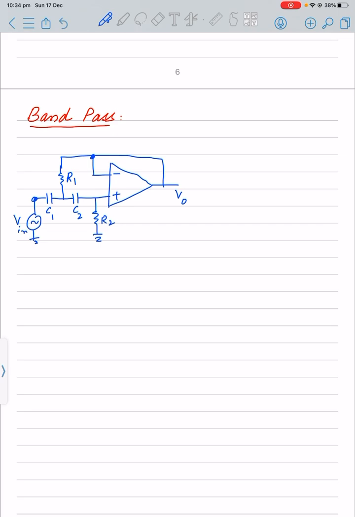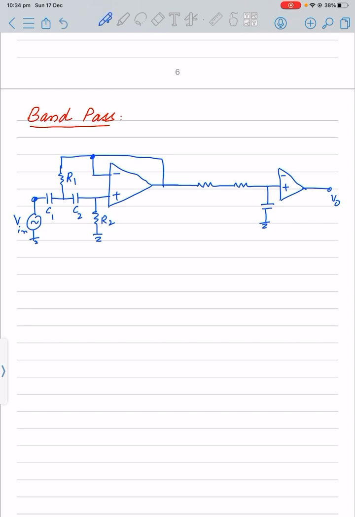But at the output of our first stage, we are connecting a low pass filter at the second stage.